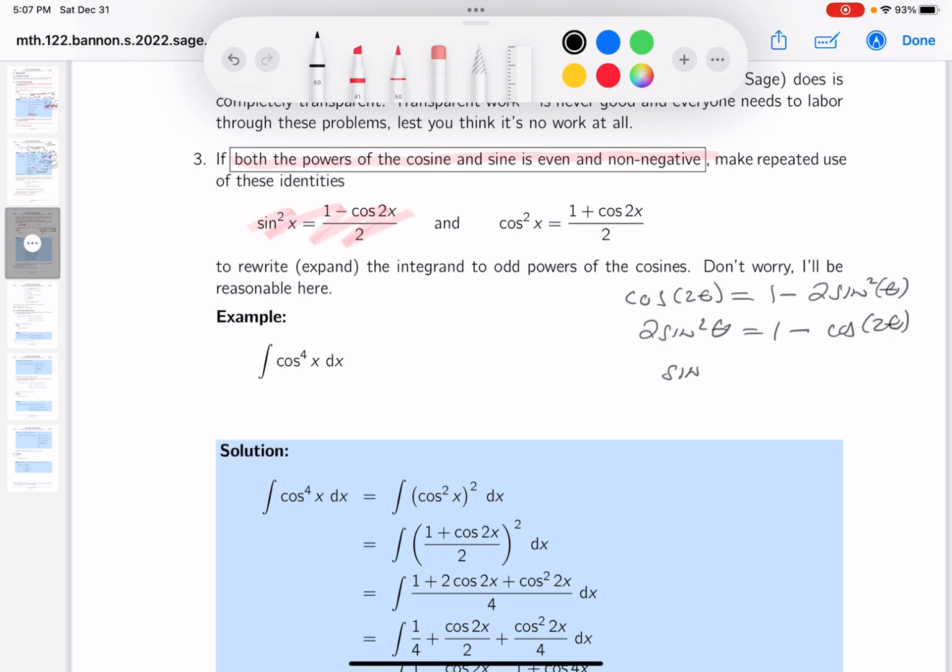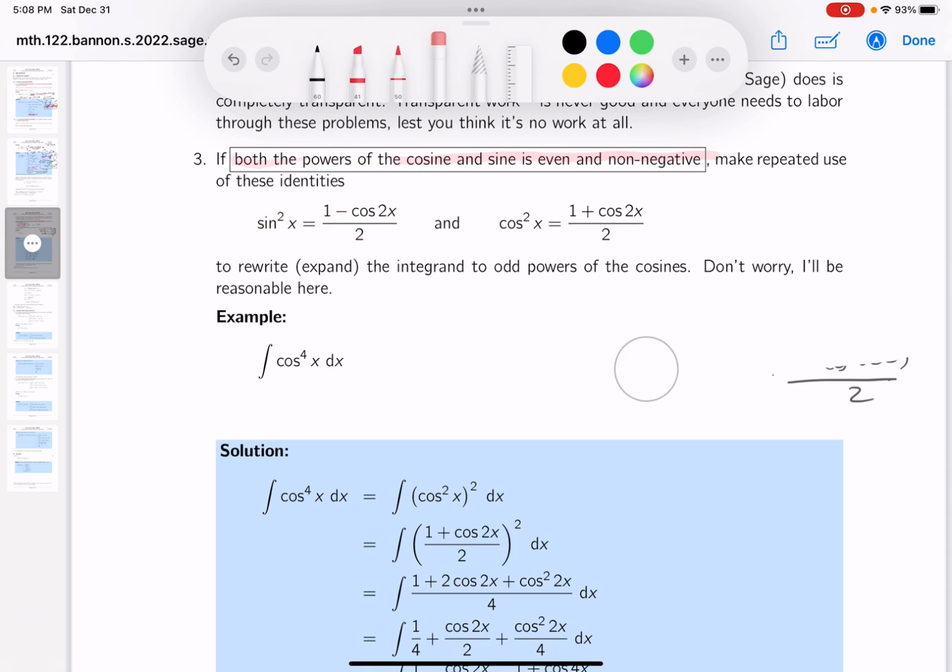You would get sine squared theta equals 1 minus cosine 2 theta over 2. And that's what's written right over here. Again, what are we doing? We're reducing the power from a square to a linear, and we get 1 minus cosine of twice the angle, all divided by 2. So I understand where that came from. It came from Math 120, so I got that part covered.